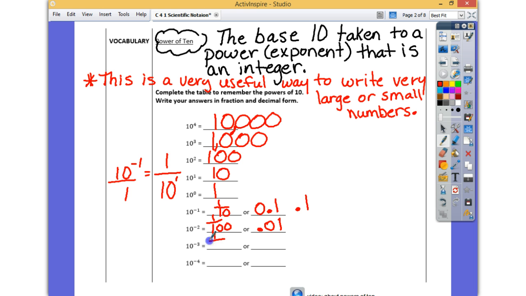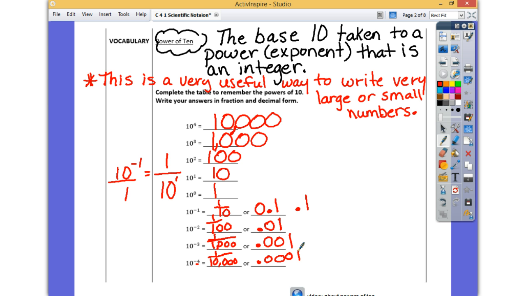So we have 1 over 1,000. So 0.001. Tens, hundreds, thousands. 1 over 10,000 is 10 to the negative 4, which equals 0.0001. 1/10,000.